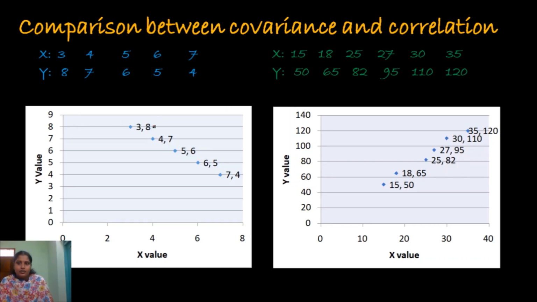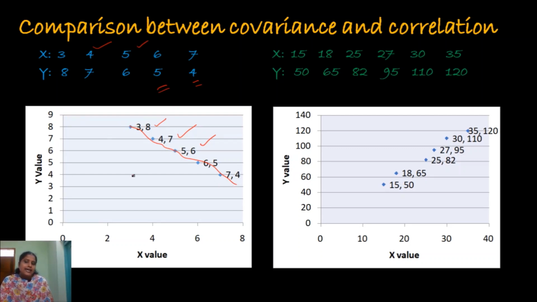For the first one, 3, 8, the second point 4, 7, then 5, 6, 6, 5 and 7, 4. Here the direction of movement of these two variables is from upward to downward.